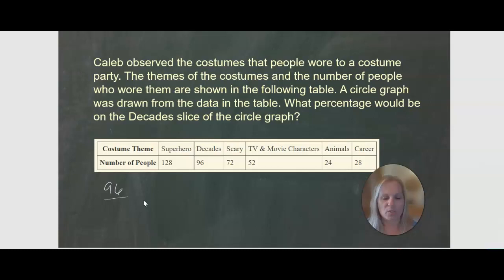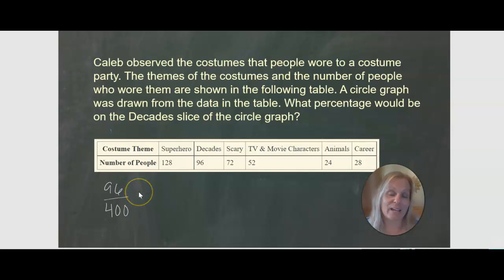They don't tell us the total in the problem, which is a little annoying. It means we have to add them all up. So I've got 128 plus 96 for decades plus 72 for scary plus 52 for TV and movies plus 24 for animals plus 28 for career gives me 400 people.